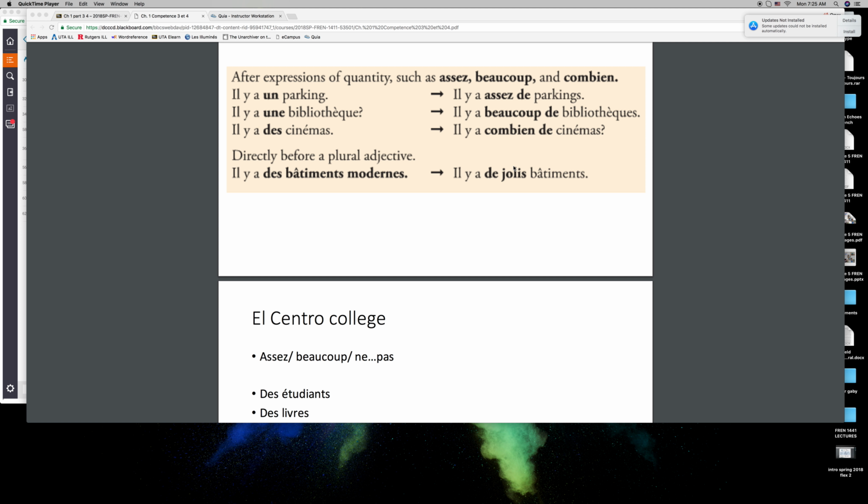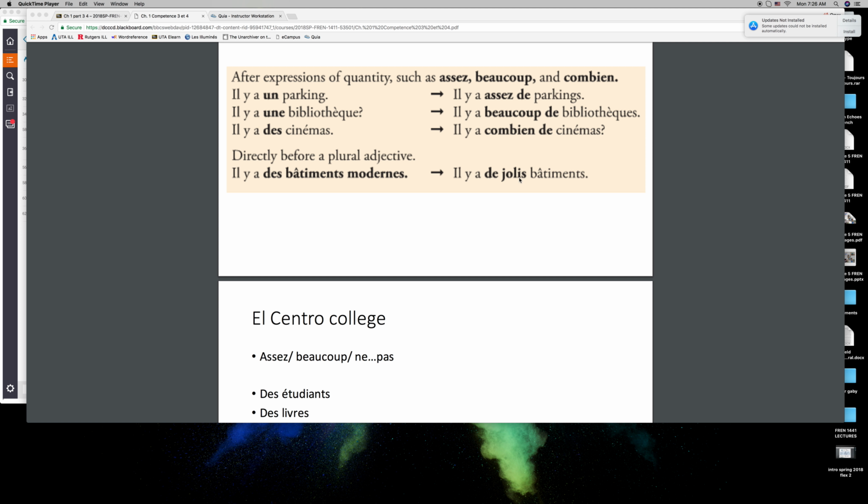So in French, most adjectives are placed after the noun, which is the opposite of English. In English, we put the adjectives before the noun. A pretty woman, right? Pretty goes before woman. But in French, most adjectives go in the second position, meaning after the noun, with the exception of 15.